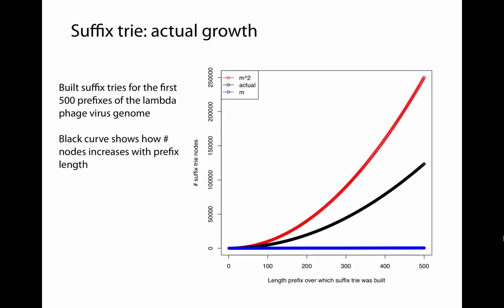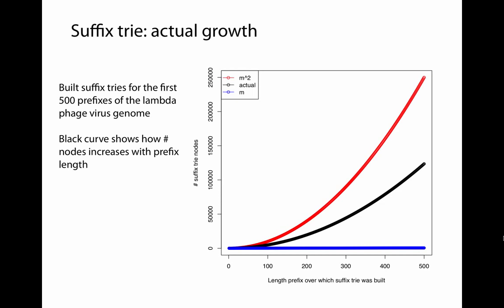Another question, which is in some sense the most relevant question, is how do actual suffix tries grow as the lengths of actual strings increase? So this plot that I'm showing you here is the result of an empirical experiment where I built suffix tries for the first 500 prefixes of the lambda phage virus genome.